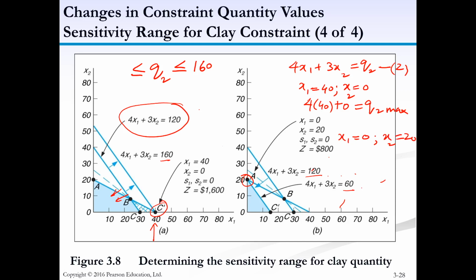If we put this in equation 2, we get Q2 minimum equals 3 multiplied by 20 is equal to 60. So here we have 60. This is how we can establish the range of the right hand side for any constraint.